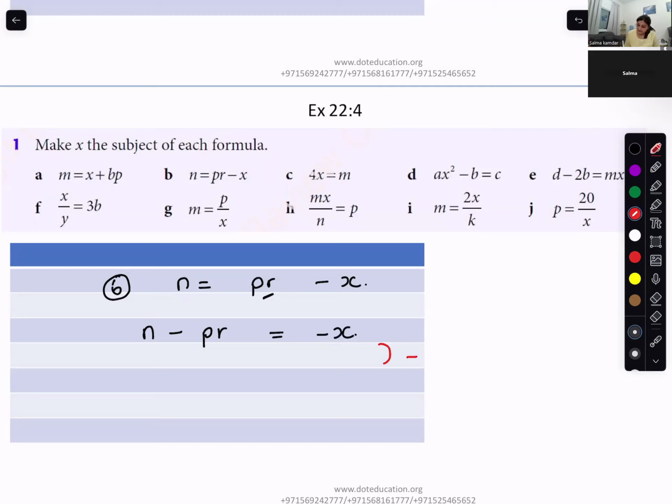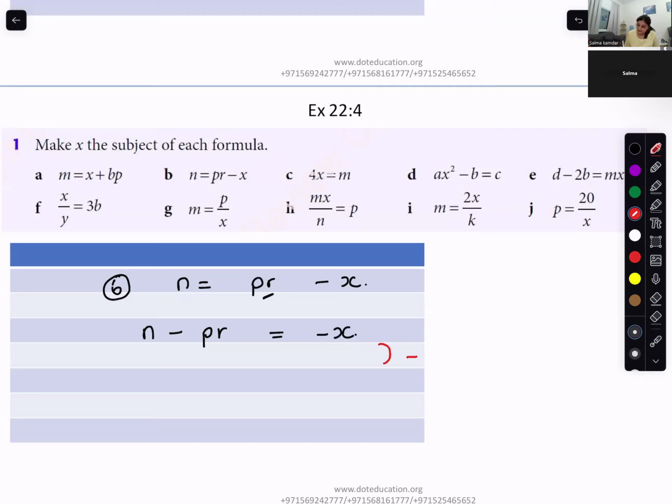Now try the F one. Your F sum is x is equal to y by 3b. What you're going to do is just multiply by y on both sides. So you're left with x is equal to 3b by y.